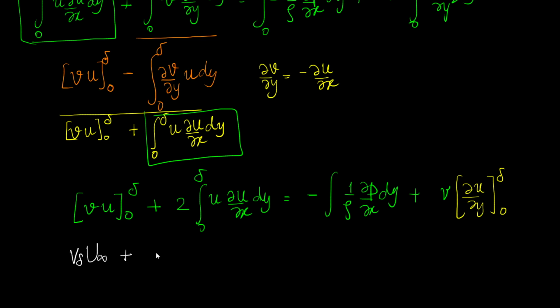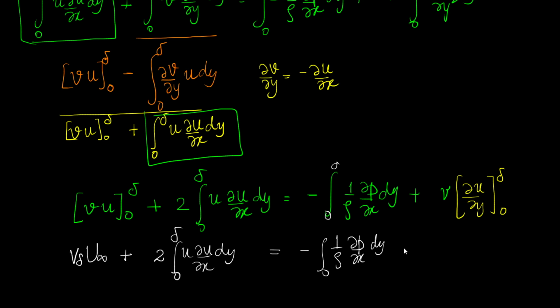This will be plus twice integral of 0 to delta u del u del x dy, and this is equal to minus integral 0 to delta 1 upon rho del p del x dy plus mu del u del y at delta.